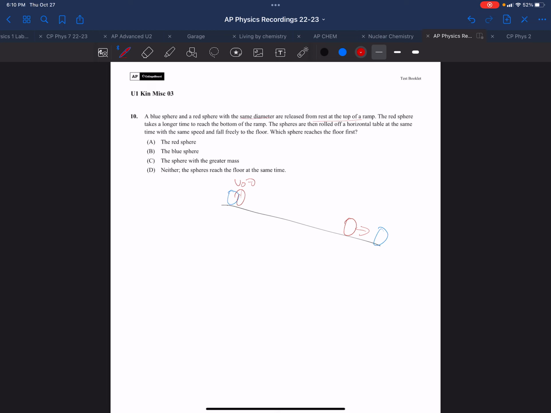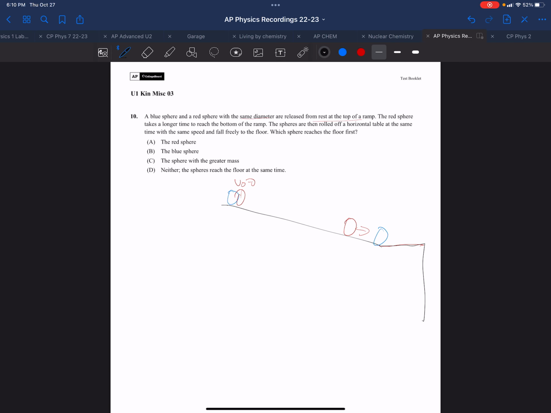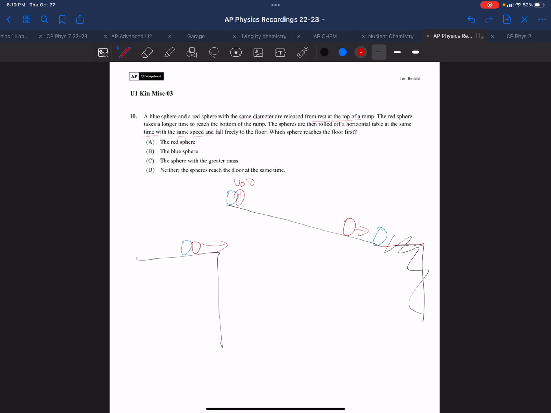The spheres are then rolled off a horizontal table. Now the blue and the red are rolled off the table at the same time with the same speed and fall freely to the floor.